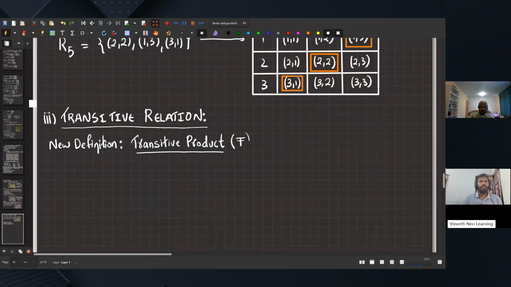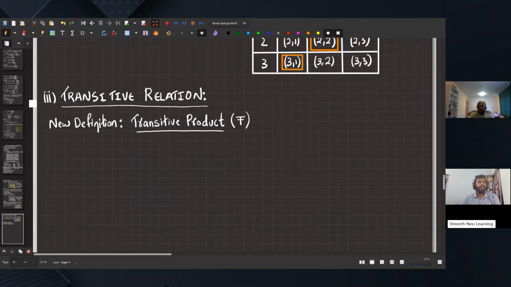I can't come up with anything better; it looks like a Japanese anime type thing. But if you have any symbol, just suggest it to me. The transitive product is very important. It's a new kind of definition.